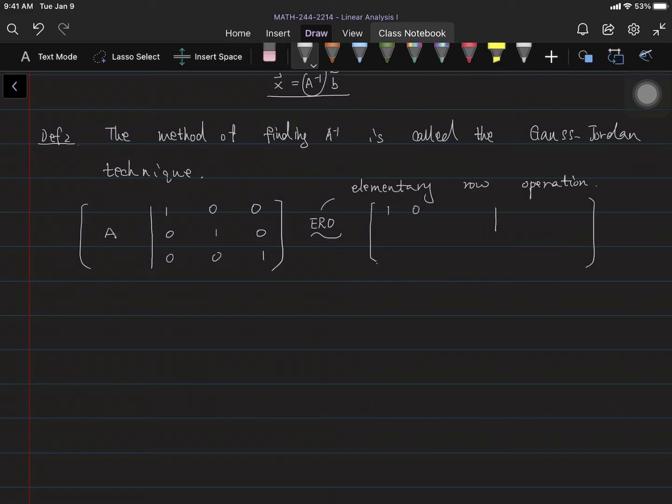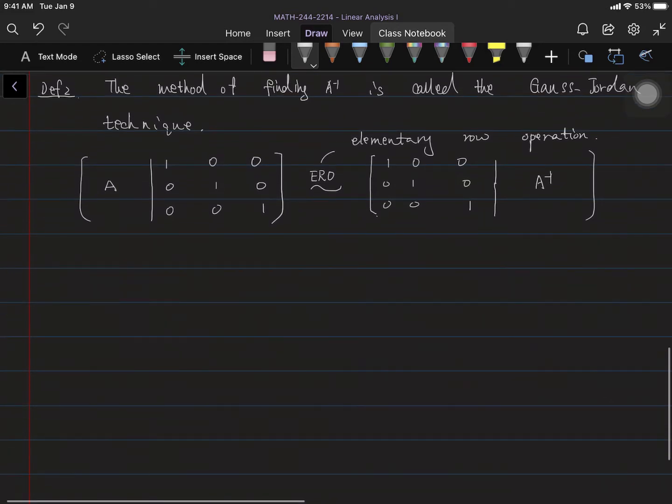So, for example, the reduced row echelon form will be this form. So make A into the identity, then the right side will just become the inverse matrix. If we write this in an easy way, we have A and I, and we reduce this into I and A inverse.